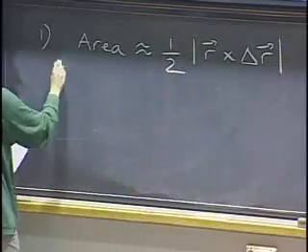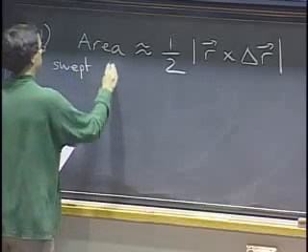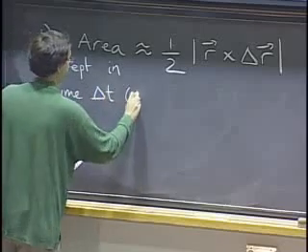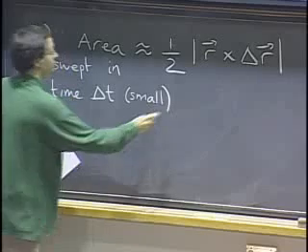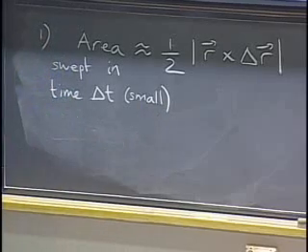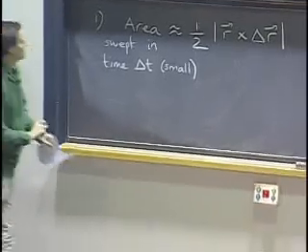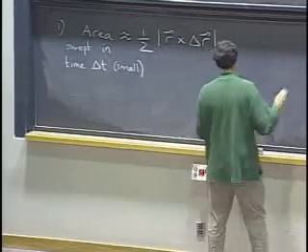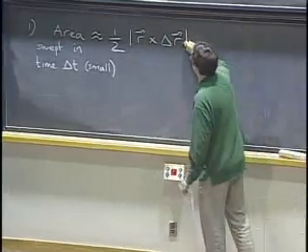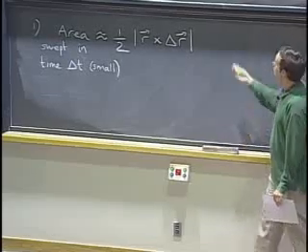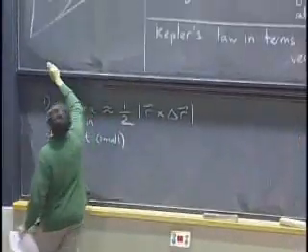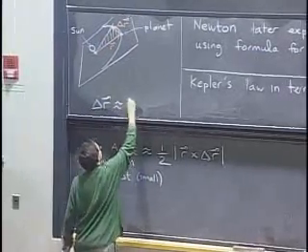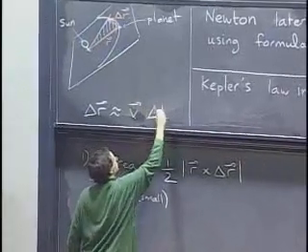Okay, so I should say this is the area swept in time delta t. And you should think of delta t as relatively small. I mean, at the scale of a planet, that might still be a few days, but small compared to the overall trajectory. So now let's remember that the amount by which we moved, delta r, is approximately equal to v times delta t.